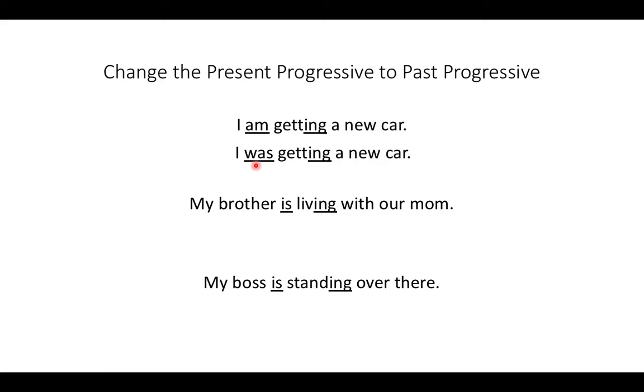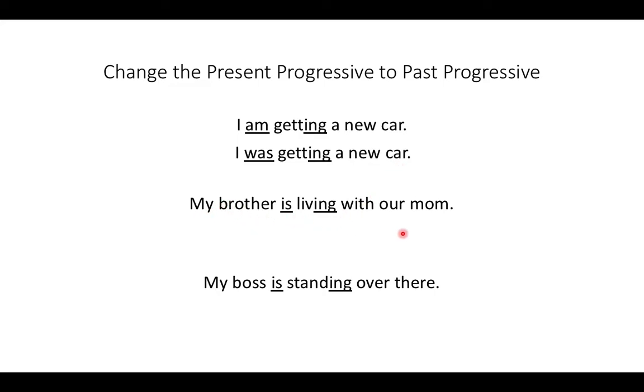When you're talking about to be verbs in simple past, like I was walking my dog, those kinds of sentences, we just put was and it makes a past tense. It lets the listener know that you're talking about something in the past. Whereas if you said I am, it means right now. It's present in the moment. So I was getting a new car.